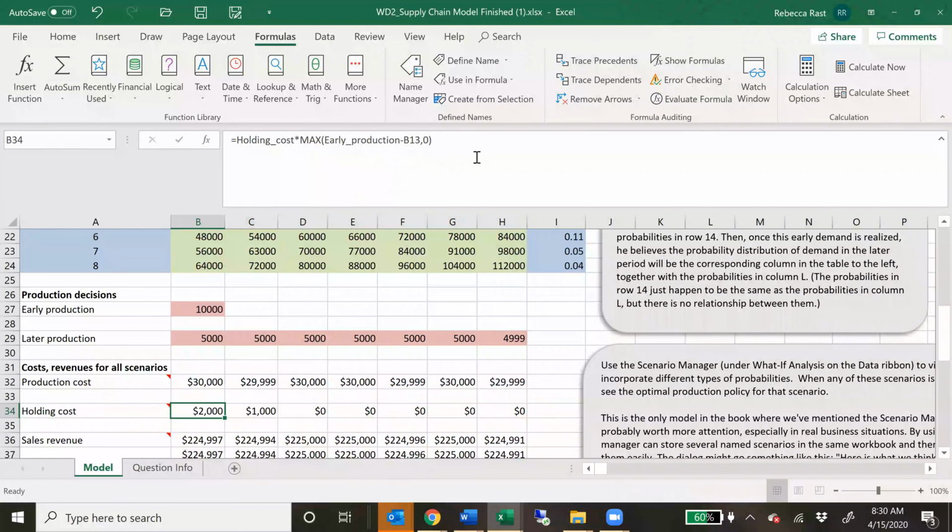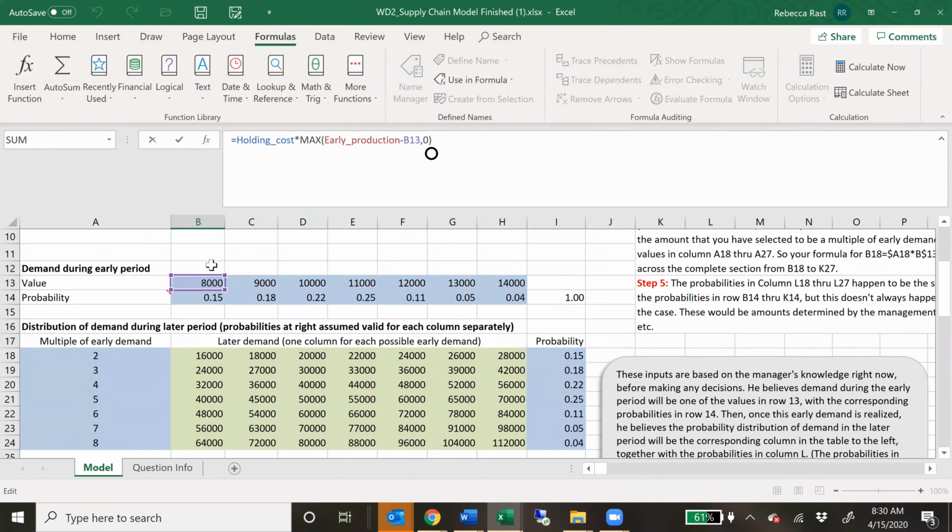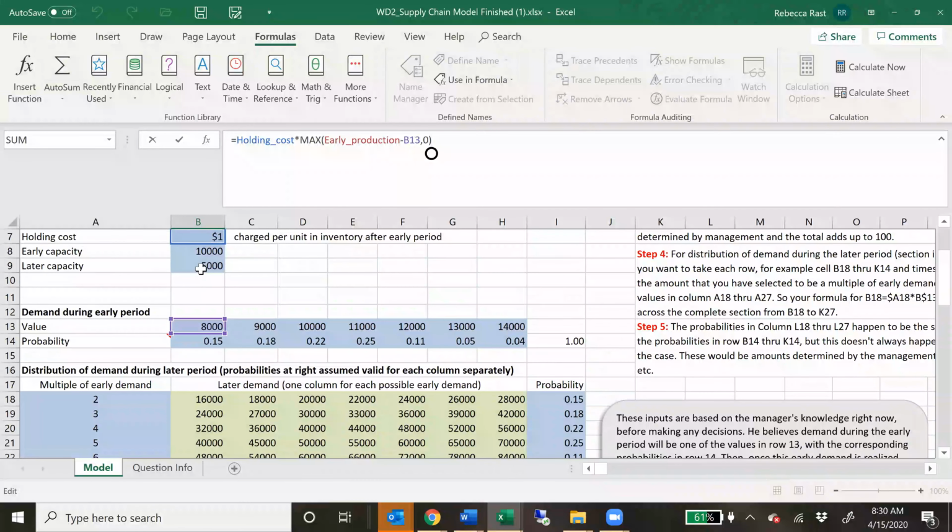The next formula is the holding cost formula, and that is holding cost times the max of early production minus B13, comma 0. So what it's telling us is to apply a holding cost for the maximum amount of possible that could be held in inventory, so we can truly estimate the most cost we would have.